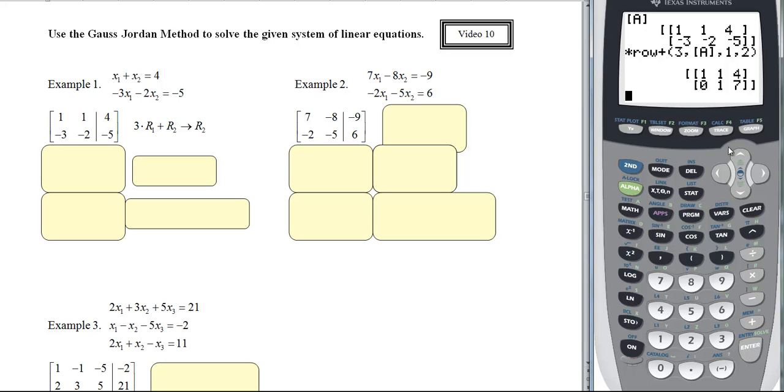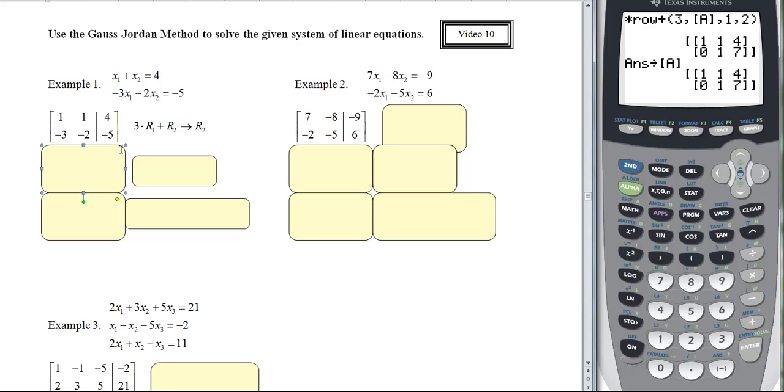Enter. I do have a 0 in the position I wanted, so let me store this. Store, second matrix, enter, enter. So it's there. So that's what should be on this one.